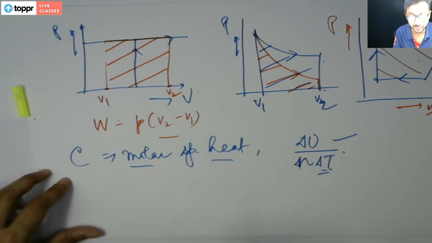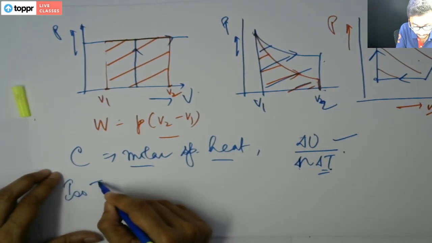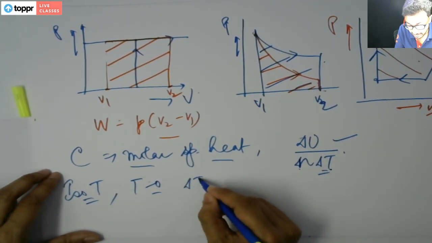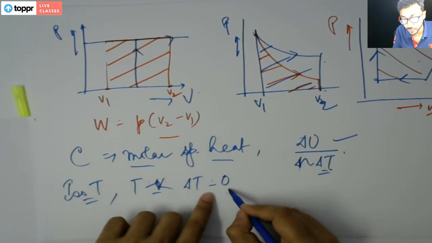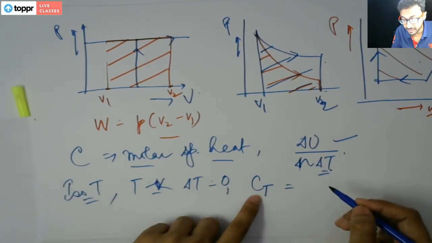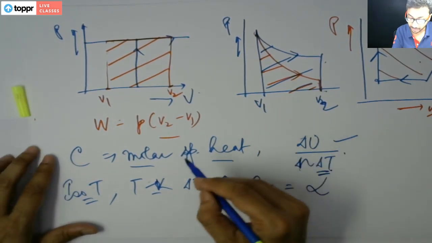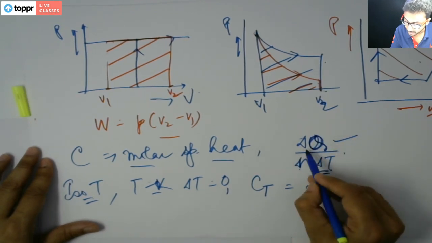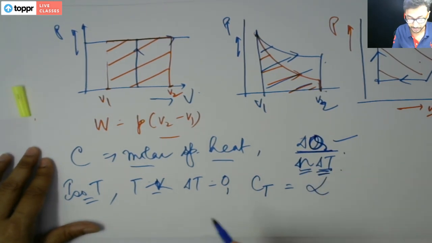Now see, very interestingly, we are talking about isothermal. When isothermal, T is constant, so del T equals 0. So if we try to find the molar specific heat at constant temperature, it will be infinity. That is heat per mole per increase or decrease in temperature.